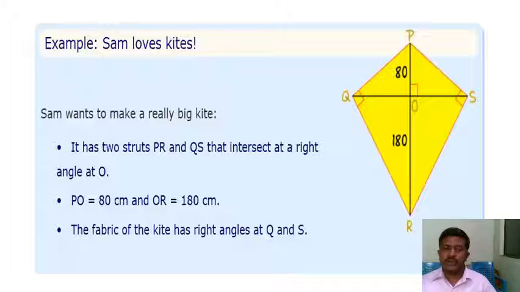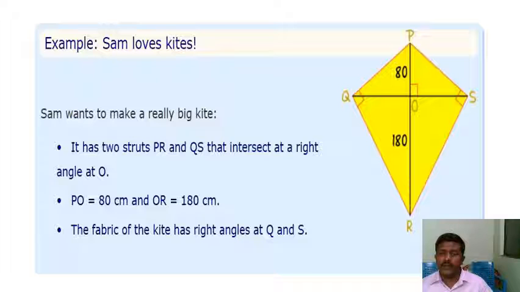It has two struts, PR and this QS, that intersect at a right angle at O. We know this is a property of kite. The diagonals intersect each other. The big diagonal makes some equal parts, which is the perpendicular bisector of the small diagonal.